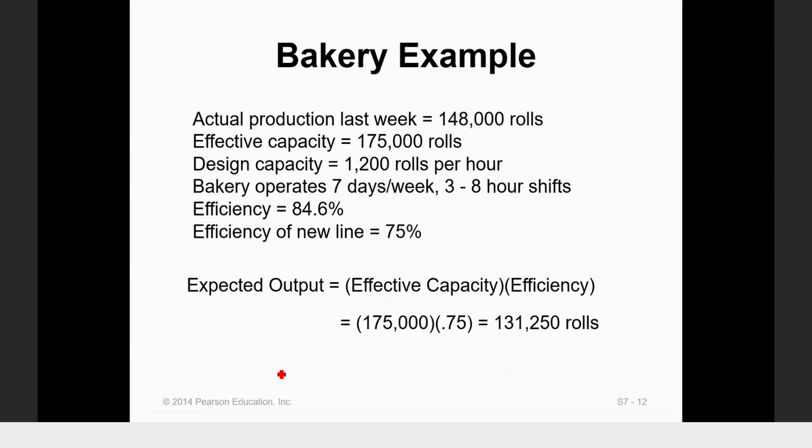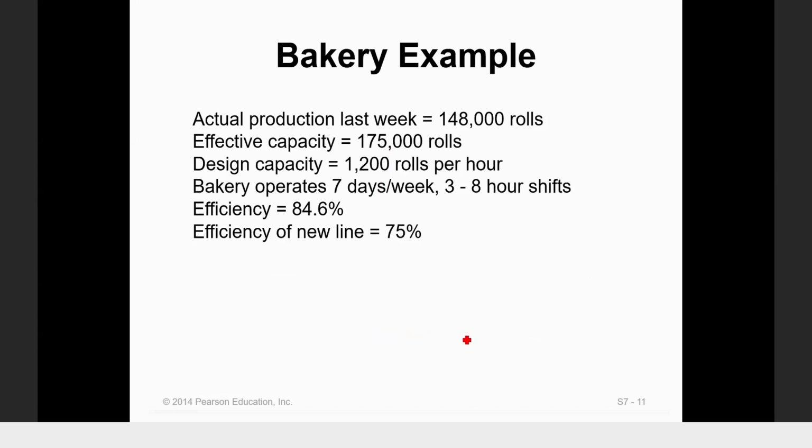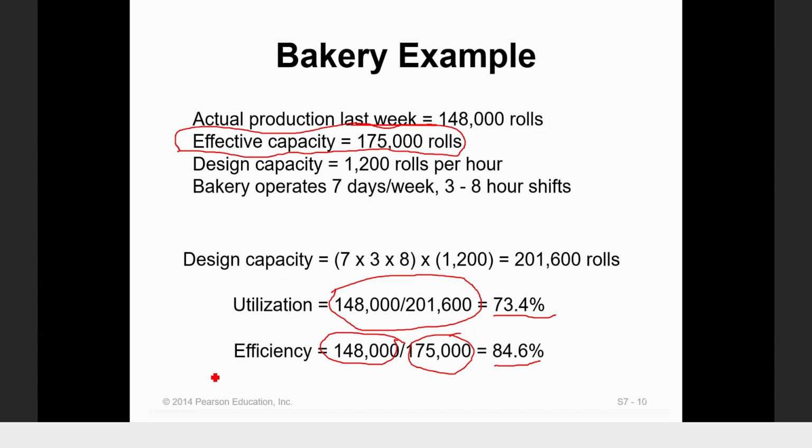If you want to know the expected output, we can get this from effective capacity multiplied by efficiency. Effective capacity and the efficiency give you the actual output. It's the same formula as this one.